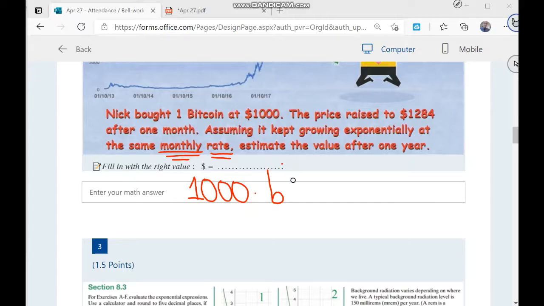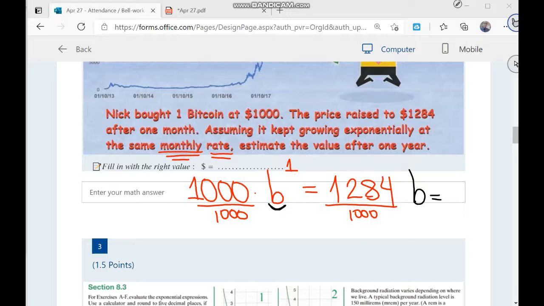After the first month, he got 1,284, right? So we can calculate, can estimate the value of b. b is equals, divide both sides by 1,000, and you have b equals 1.284. Now we will find out the value of the investment after 12 months.